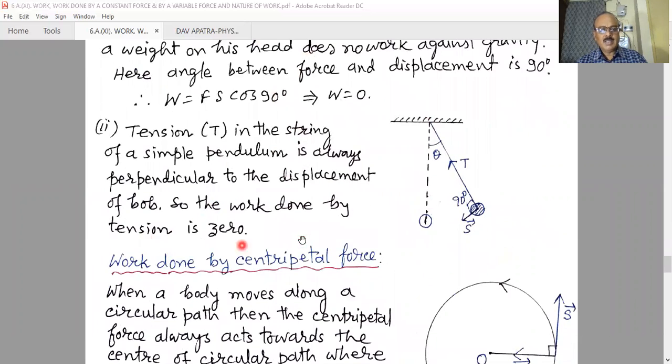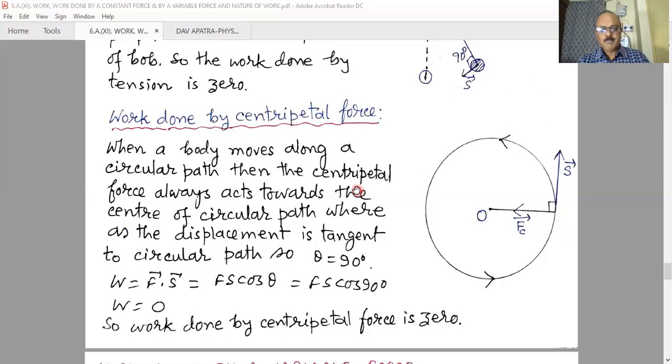So the work done by the tension is zero here, because the displacement is always tangential, but the tension force acts toward the point of suspension. The two are always perpendicular, therefore the work done by this tension is zero.